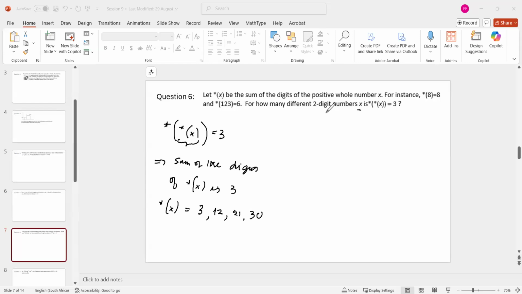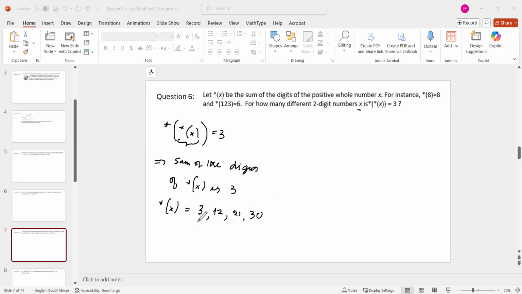They ask you how many different 2-digit numbers. Anyway, I'm writing down all the numbers. So you've got 3, 0. The sum of the digits is that. So I think, yeah, you're not going to put 1, 1, 1 now, for instance. So it's too big, because that also has sum of the digits is 3.